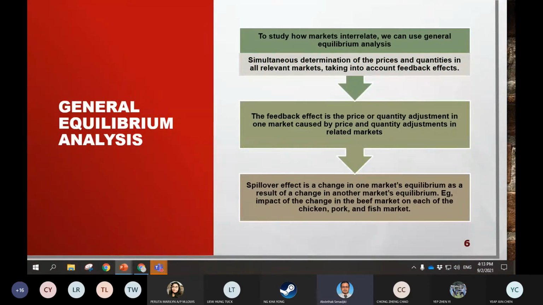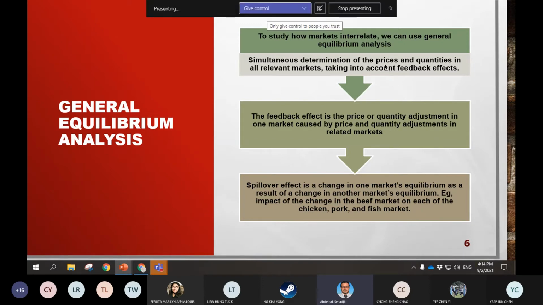Here we can see, to study how markets interrelate, we can use general equilibrium analysis. Unlike partial equilibrium analysis, general equilibrium analysis determines the prices and quantities in all markets simultaneously. So it is the simultaneous determination of prices and quantities in all relevant markets, taking into account the feedback effect.